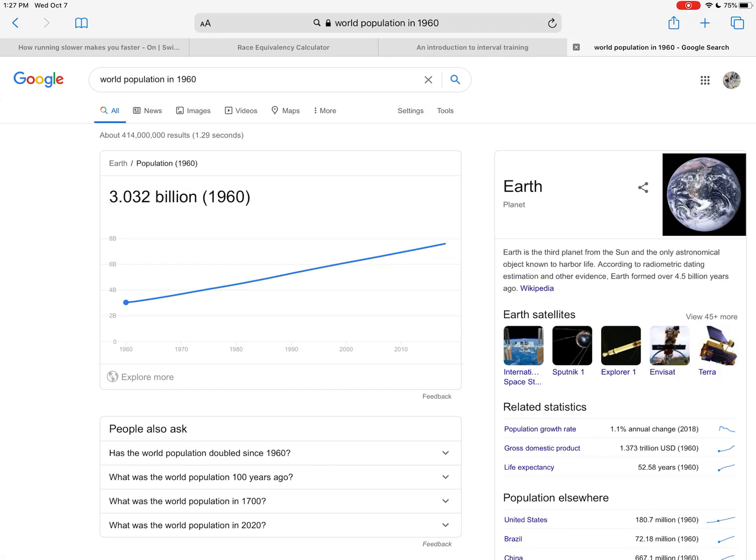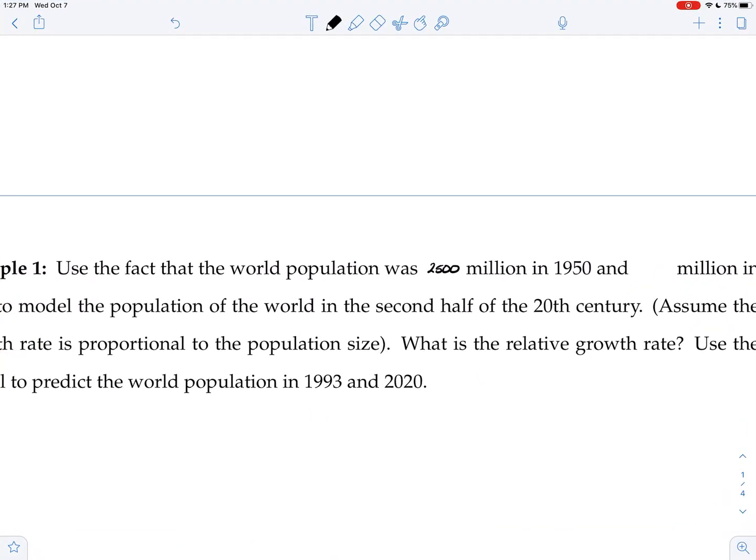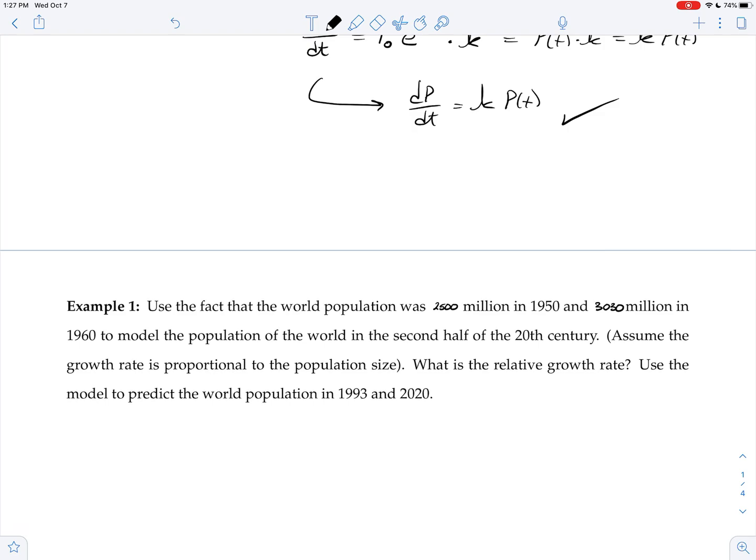We'll round down slightly so our numbers will be a little bit below. It's a little hard to squeeze this in. I had a different number before, but I'm blocking it. We're going to use 3030 million in 1960.